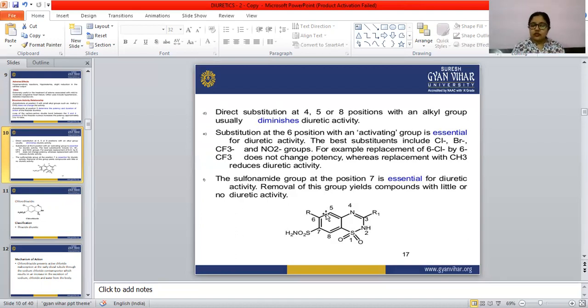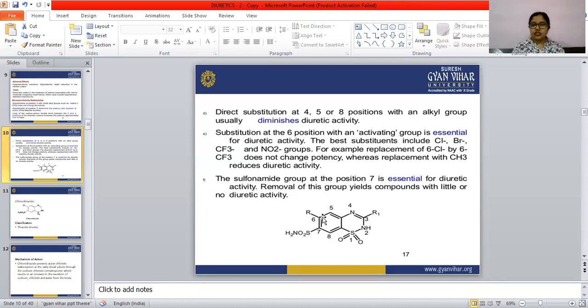So this is very important. We have to substitute a chloride, bromide, CF3 or NO2 group here. And at the 7th position, there should be a sulfonamide group for the diuretic activity. So this SAR is very important in the thiazide diuretics. This is the structure you have to learn first, and you have to write the SAR according to the structure.